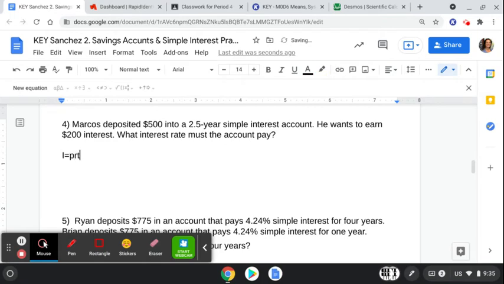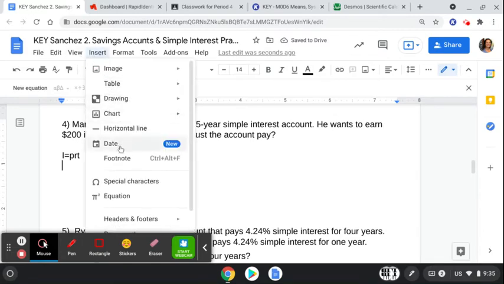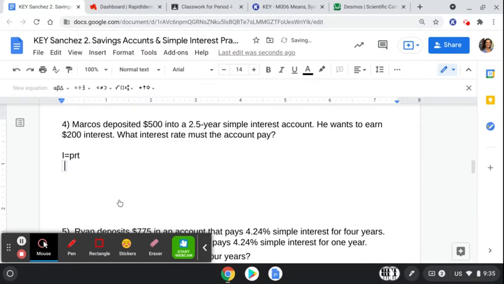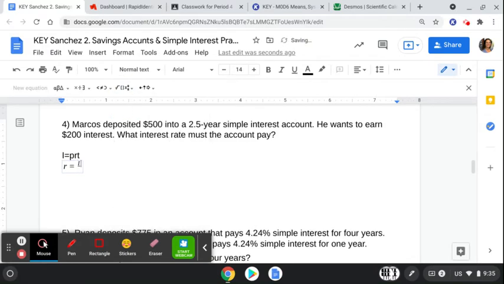So taking our PRT, if I divide both sides by the P and the T, I'm going to get that the rate is equal to the interest divided, I've got to get the fraction, interest divided by principal times time.